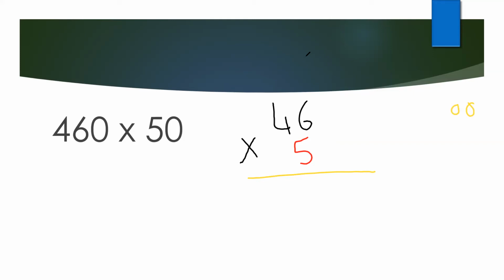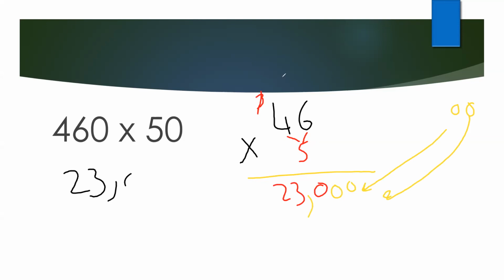So right now, all I have to do is 5 times 6 and 5 times 4. 5 times 6 is 30, 0 and I carry the 3. 5 times 4 is 20, plus 3 is 23. And now I'm going to bring down those 2 zeros that were in my original problem. So my final answer would still be 23,000.